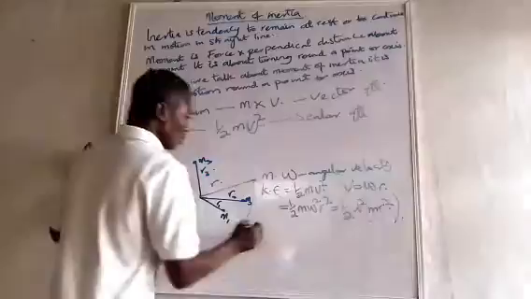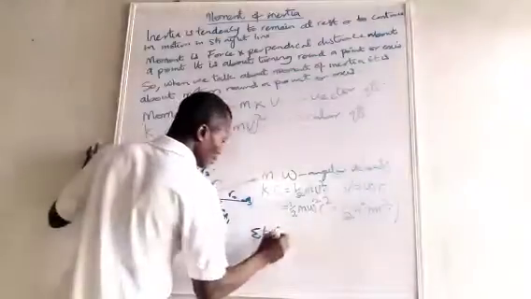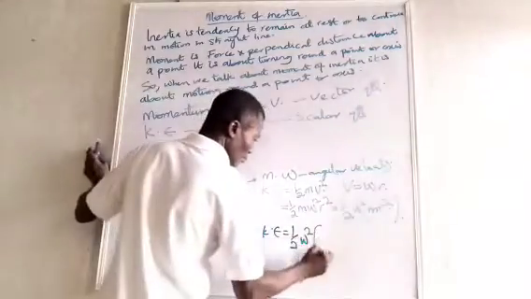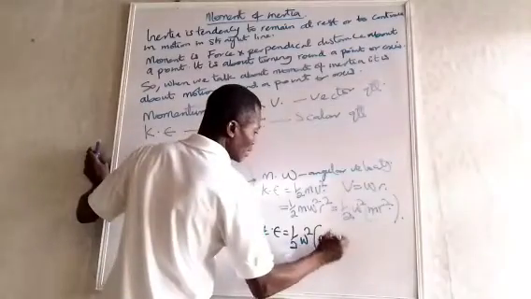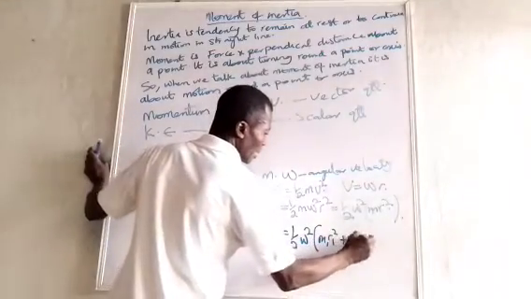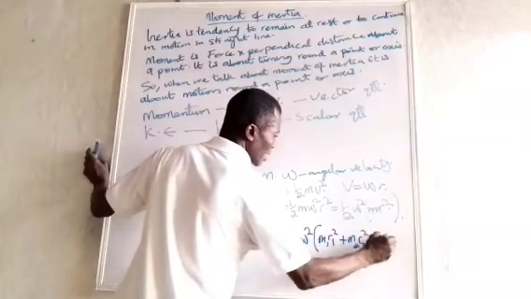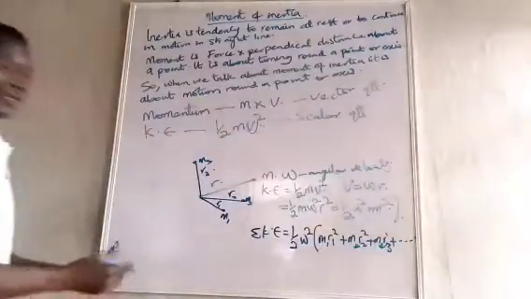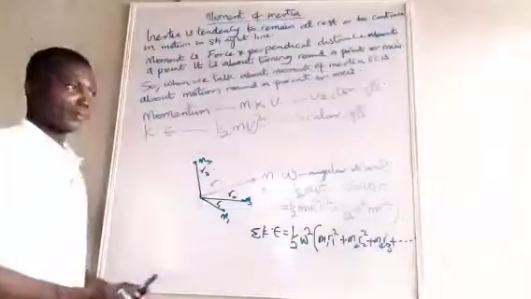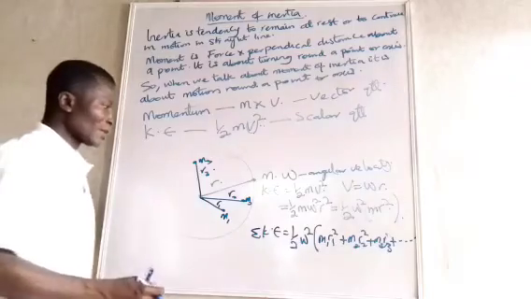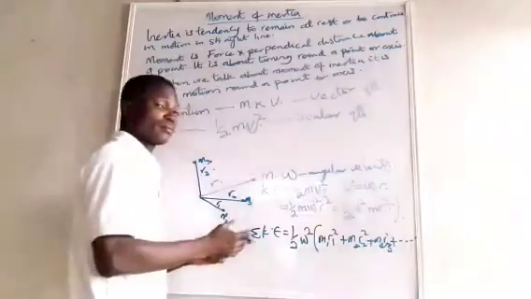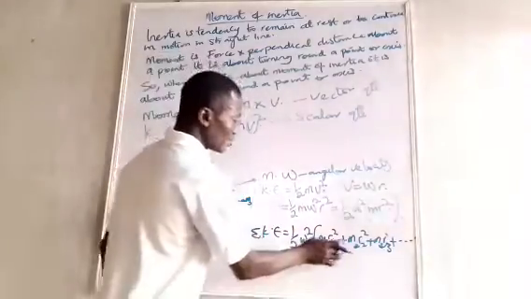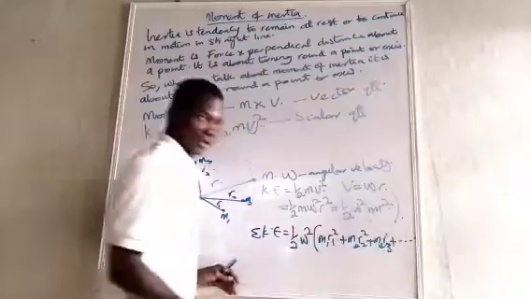So total KE is equal to half omega squared times m1 r1 squared plus m2 r2 squared plus m3 r3 squared, ad infinitum. Because of this, we cannot just use the overall mass, because the distance is also varying.